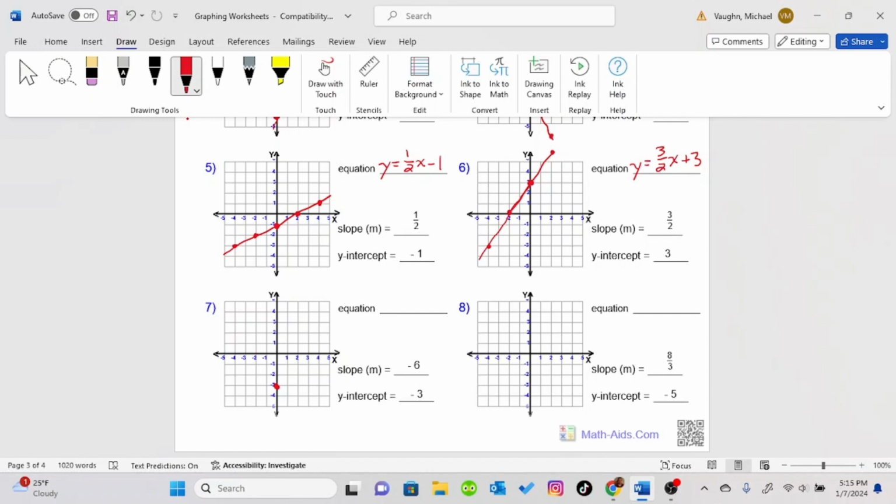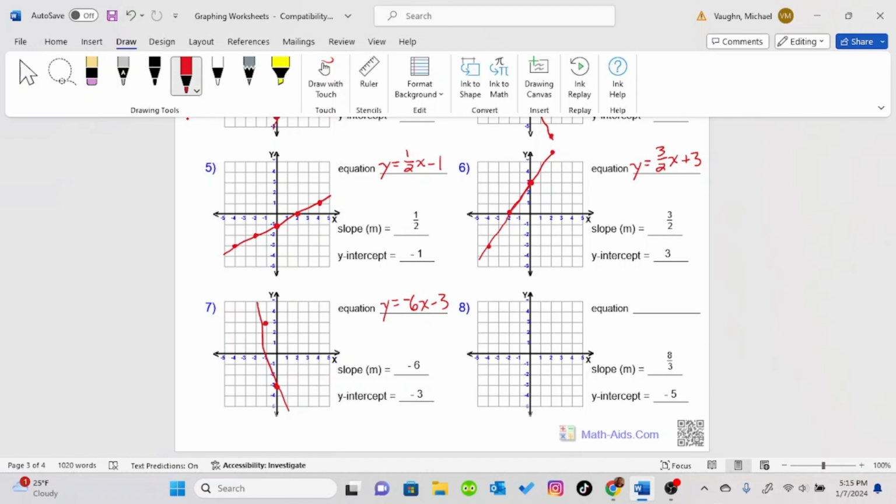And we can go up 6, left 1. Now you see that from this point, if we went down 6, right 1, we end up at our y-intercept. So now we draw our line connecting them, and we have our equation. Y equals the slope x the y-intercept.